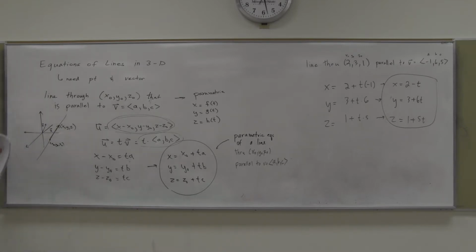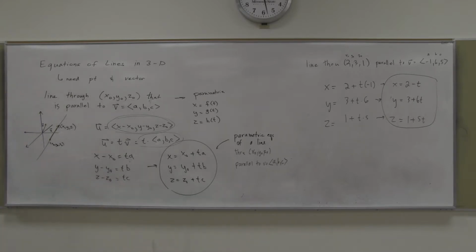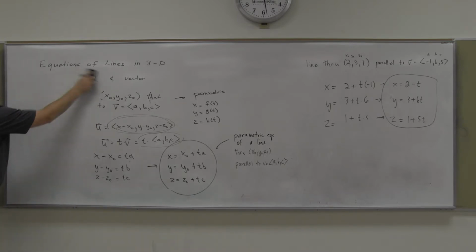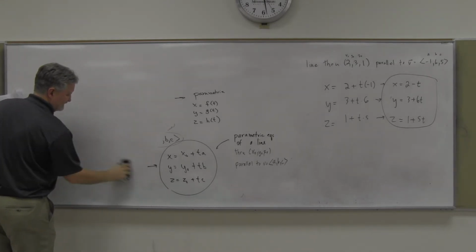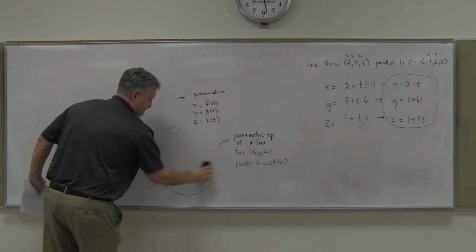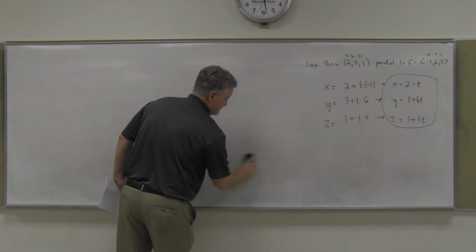Now, just like with lines in 2 dimensions, we need a point and a slope ultimately for slope-intercept form, but if we have 2 points, we can figure out the slope from that. Well, sort of the same thing here. We don't really have a slope per se in 3 dimensions.